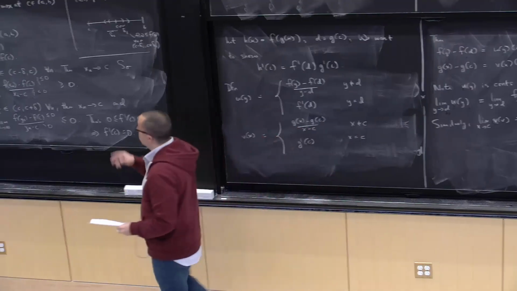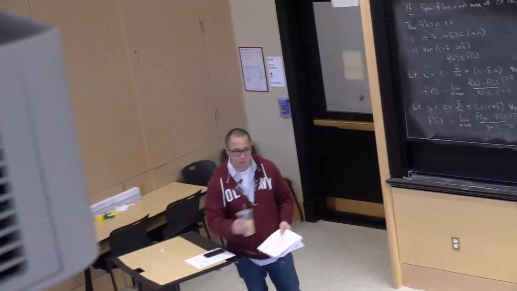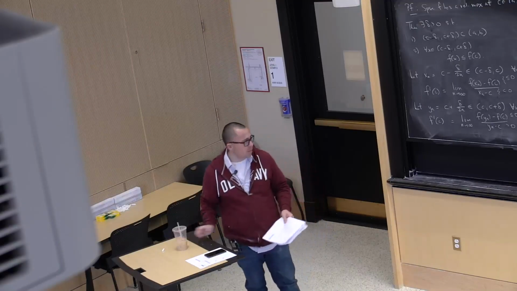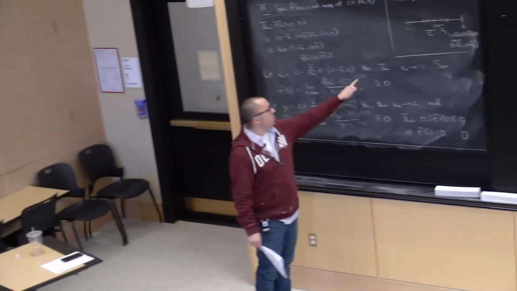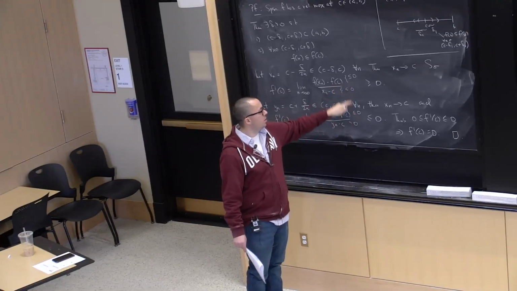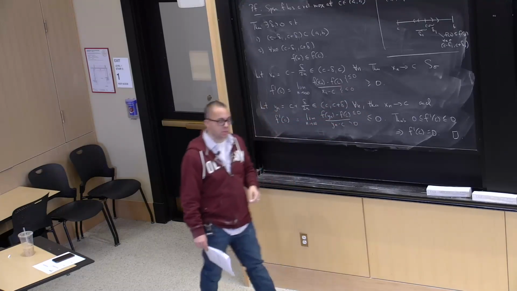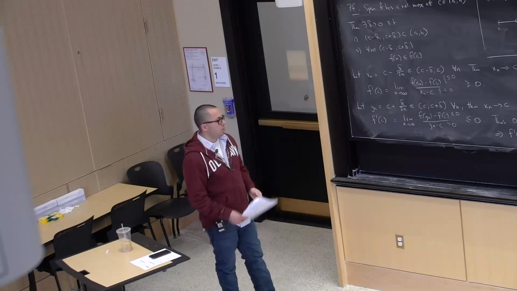Okay. And again, the proof for a relative minimum is very similar, except that the inequality flips signs. And therefore, you would get this is less than or equal to 0. This one would be bigger than or equal to 0. But you still get f prime of c is bounded between 0 and 0.